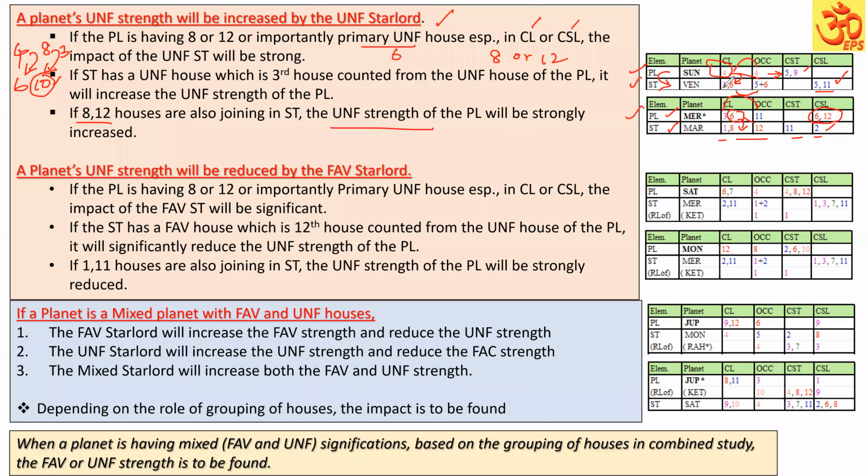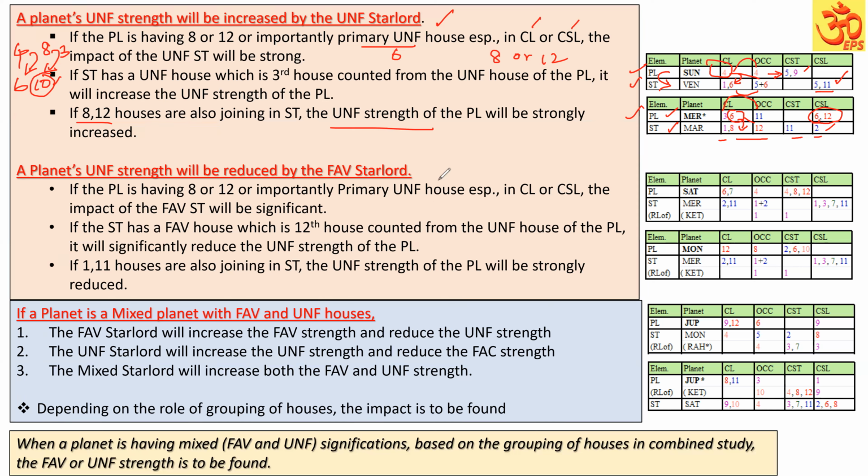Now, the next combination is where the planet is unfavorable, but the star lord is favorable. It means the planet's unfavorable strength will be reduced by the favorable star lord. The planet has unfavorable houses, but if the star lord is favorable, automatically that unfavorable signification of the planet will not be supported or increased by an unfavorable star lord.